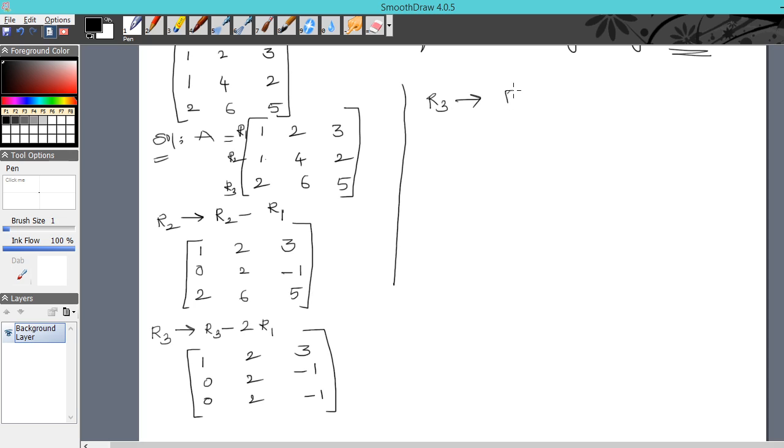R3 minus R2: rows 1 and 2 are 1 2 3 and 0 2 minus 1. 0 minus 0 is 0, and all these numbers are the same, so you will get 0, 0, 0.